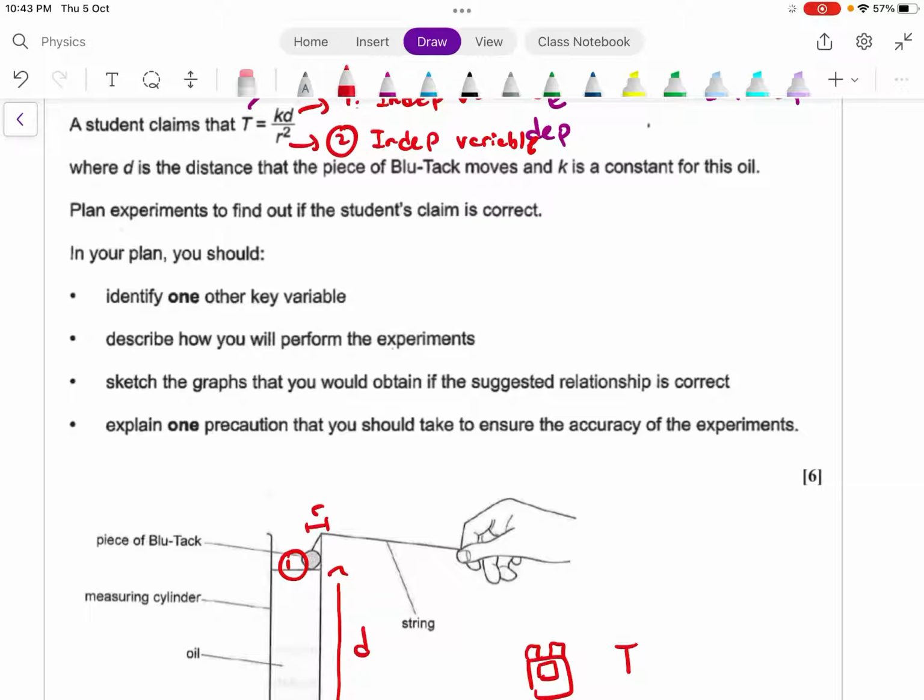So explain one precaution that we must take to ensure the accuracy of the experiment. So what are some of the precautions? You can write more than one, because sometimes you write one, you might not hit the point. You write more than one, minimally you write 3, high chance is that one of it will hit the point. So that is one of the exam technique you can actually implement.